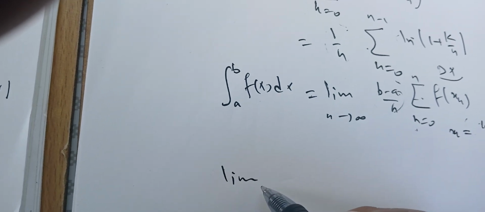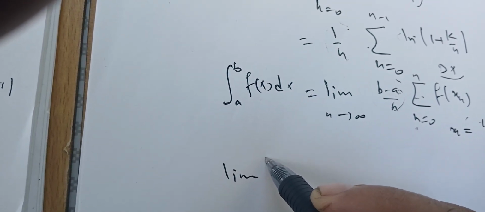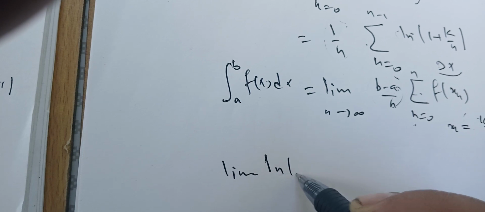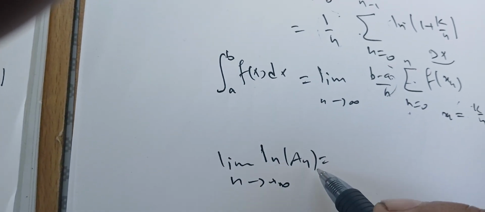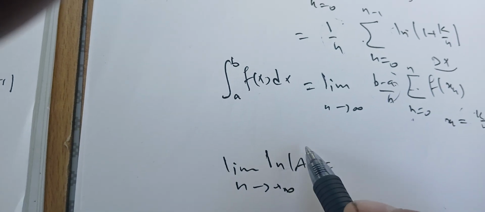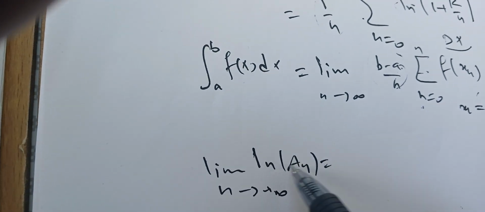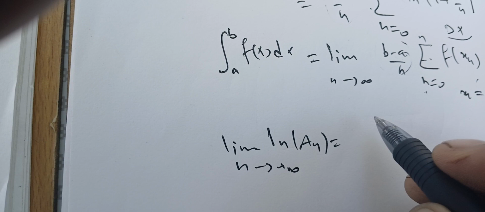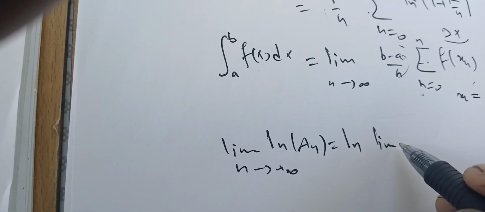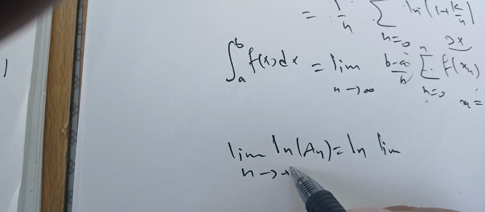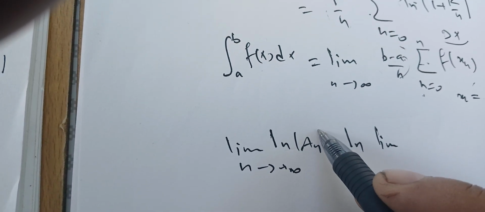Here we can take the limit inside because the natural log is continuous. So we're going to have the natural log of the limit of a_n, because a_n is in this form.